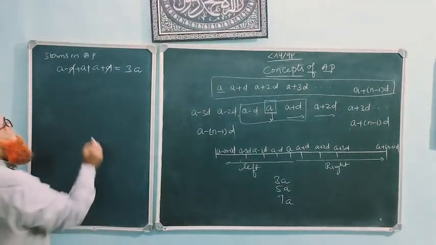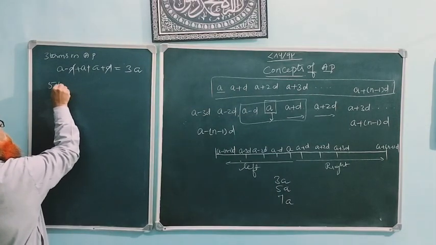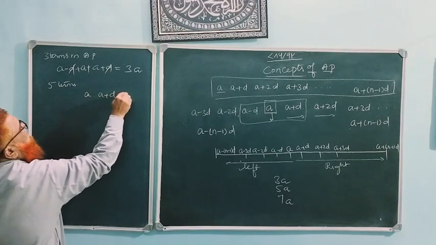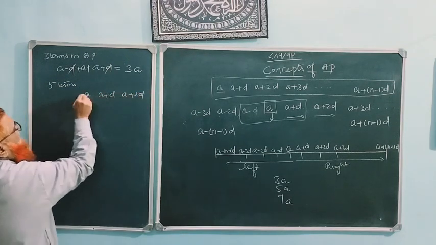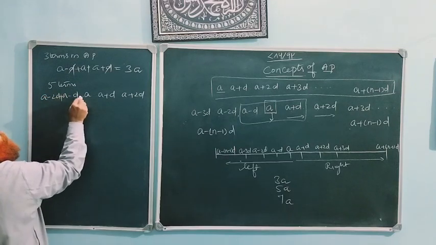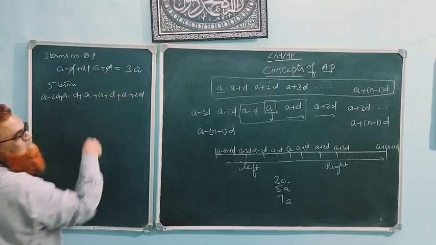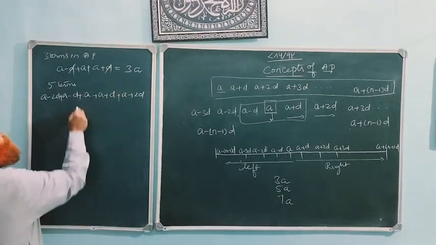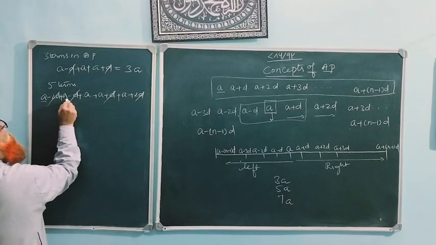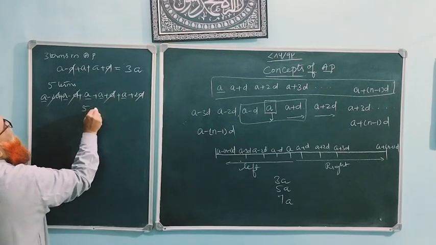A plus D plus A minus D plus A, which is equal to 3A. Am I correct? Now similarly 5 terms: A is in the middle, A plus D, A plus 2D, and on the other side A minus D and A minus 2D. When you make the sum of all the terms, minus D plus D, minus 2D plus 2D cancel, and it is 1A, 2A, 3A, 4A and 5A.